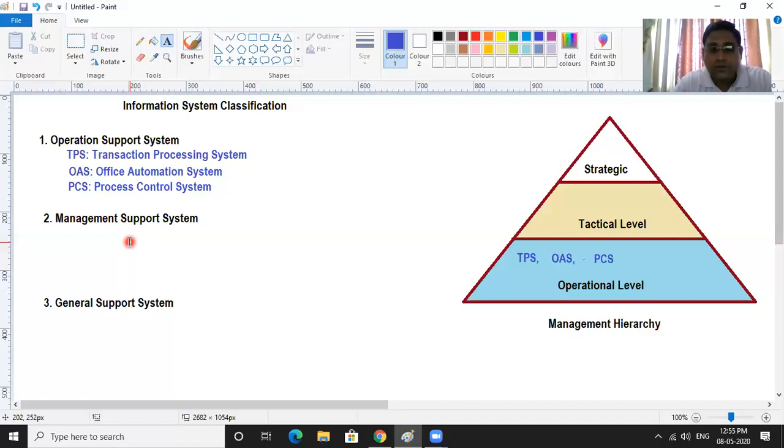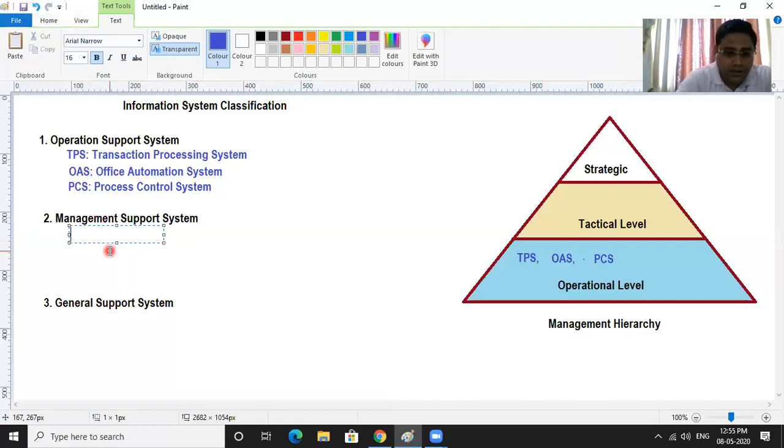So that is why, in management support system, the example is DSS. The full form of DSS is decision support system.